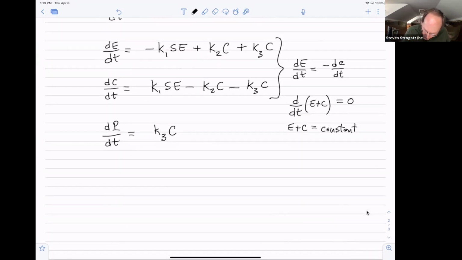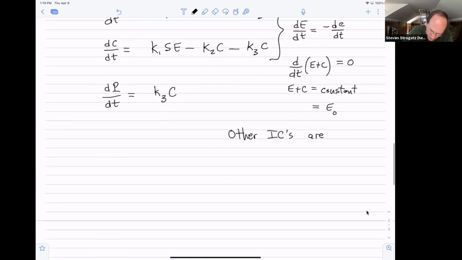So this is going to equal whatever the initial amount of enzyme was. And we assume initially that there's no complex. We start the system with just substrate molecules plus enzyme. So the other initial conditions are, so let's see, initially there's some amount of enzyme, there's some amount of substrate.